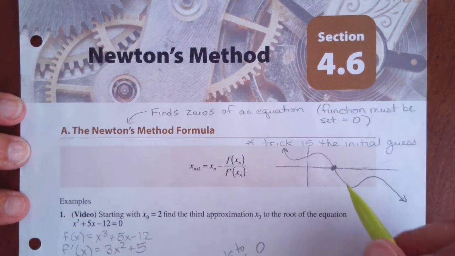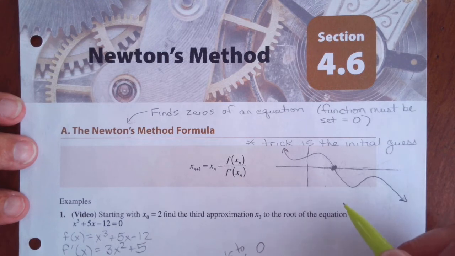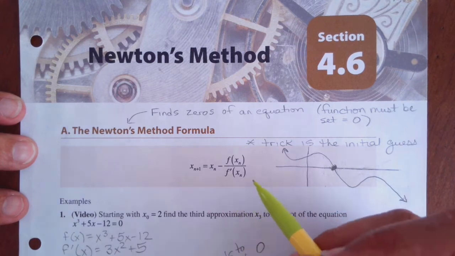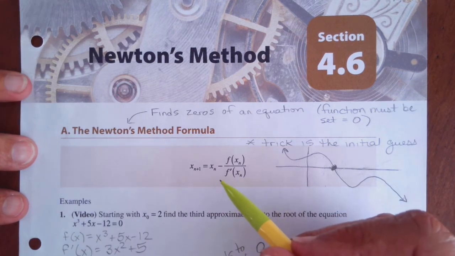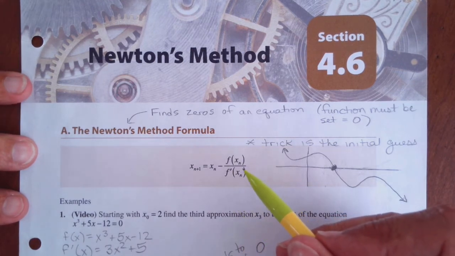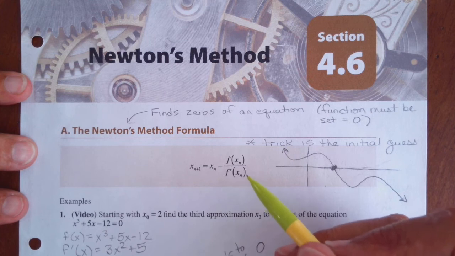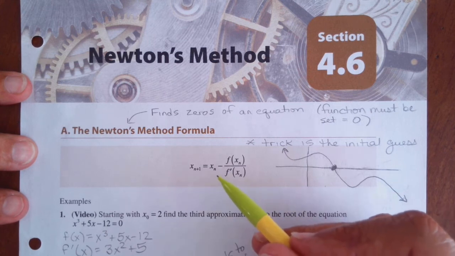So when I look at a graph, this is just an example of what the formula is telling you to do. It takes the function value, plugging that value into the function and into the derivative, and then dividing and subtracting that number from your original guess.